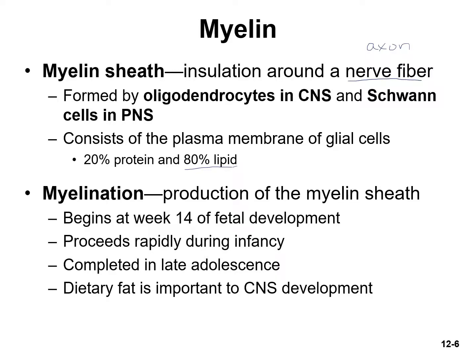And that's why dietary fat is so critically important to proper development of the central nervous system, because the myelin sheath is 80% fat, it's 80% lipid. So it's really important for children to get the proper ratio of fats and proteins in their diet.